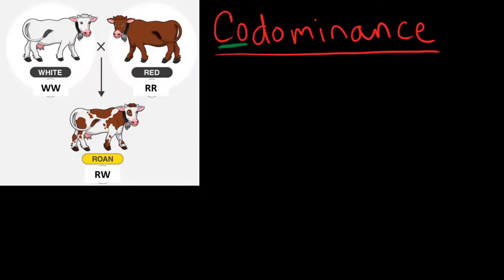So the way that we represent this in my class most often is with two different capital letters. And the reason that we would do this is because it very clearly distinguishes it from incomplete dominance. I'm going to go back for just a moment.